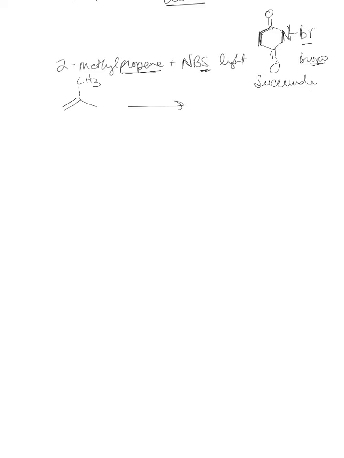It's a little solid that you can put in your flask, and then if you have NBS, a little bit of UV light shining on it, it generates a bromine radical. NBS is nice because it generates the bromine radical at low concentration and keeps the mechanism a free radical mechanism.